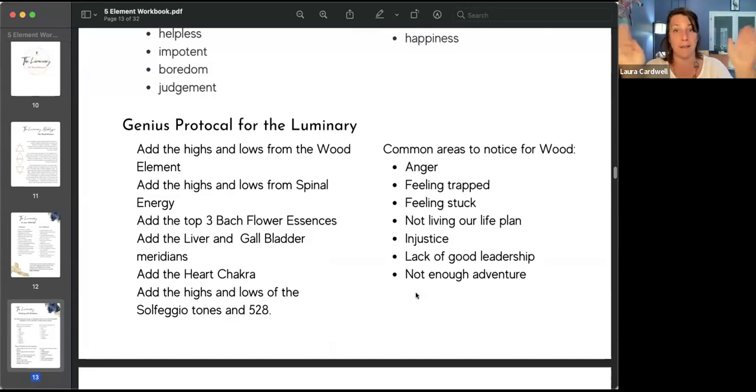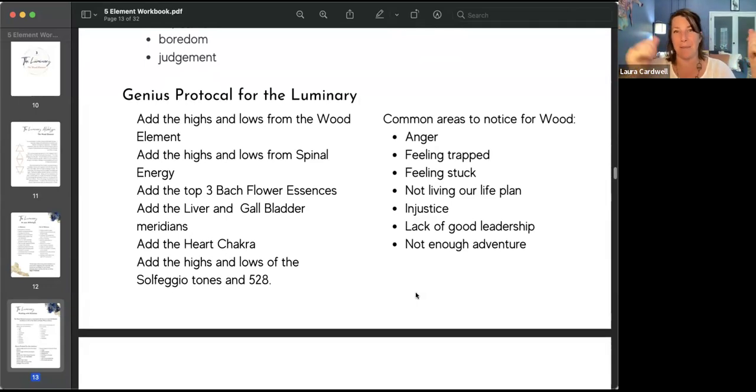We could have slowed down and done just really a lot of work with the elements, but I found that it's really important to keep things in harmony in the 5 elements, helping people live in alignment with their type. Really key. That's like key, right? And so when people are not in alignment with their type in their human design, I often see wood imbalances. And we'll talk about that more when we get to human design.